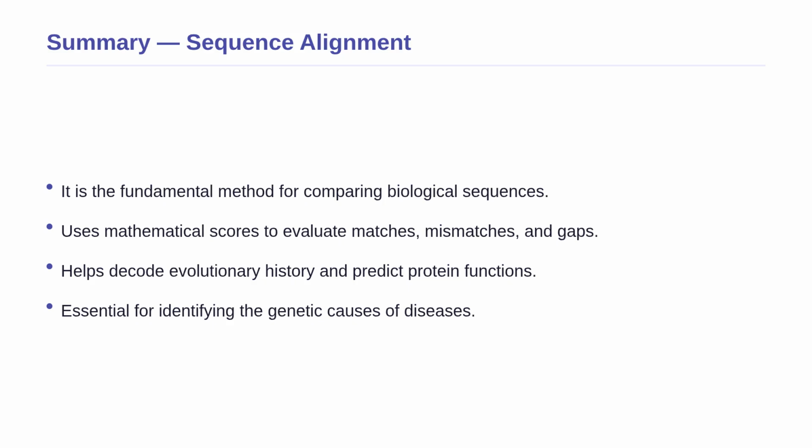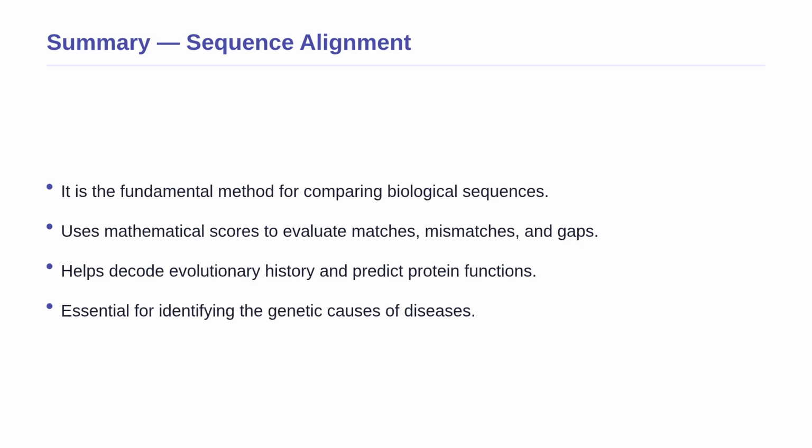We have covered a lot of ground today, so let us summarize the key takeaways. Sequence alignment is the fundamental computational method for comparing biological sequences to find regions of similarity. By assigning mathematical scores to matches, mismatches, and gaps, we can objectively measure how closely related 2 sequences are.